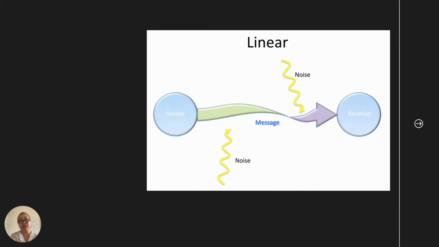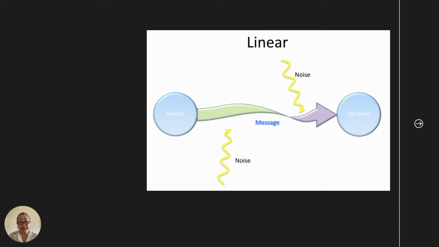Originally developed by Shannon and Weaver in 1948, the model describes communication as a linear process. This model describes how a sender transmits a message to a receiver or listener.